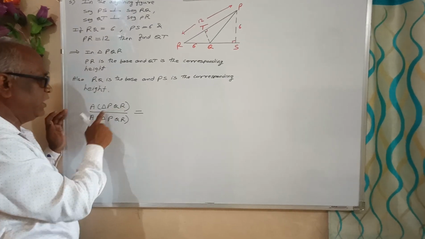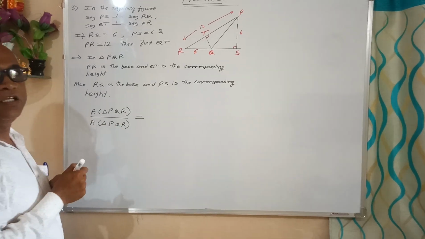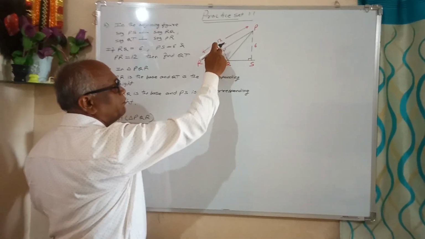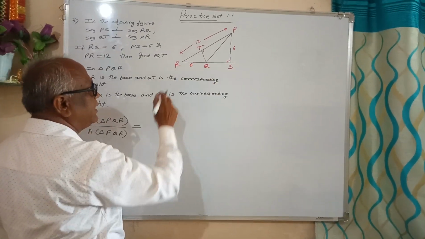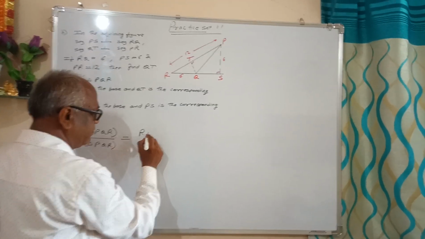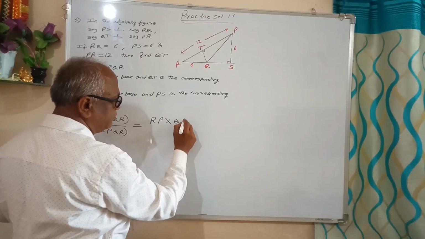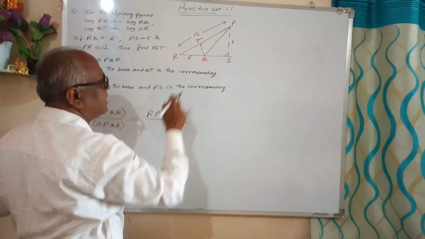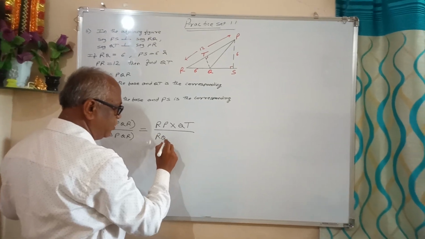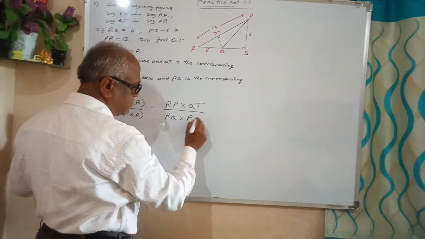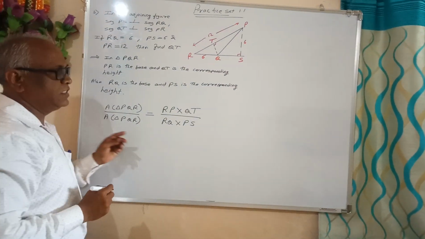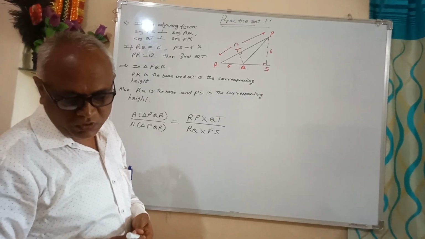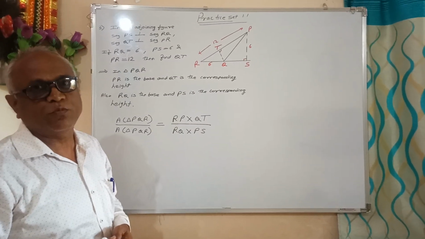So now we are going to find the ratio of the areas of the triangle. Area of triangle PQR upon area of triangle PQR is equal to, now when you are taking QT as the height, at that time the base is RP, so RP into QT upon, now for the same triangle when you are taking PS as the height, at that time RQ into PS. That is, the ratio of the areas of the two triangles is equal to the ratio of the products of their base and the corresponding height.